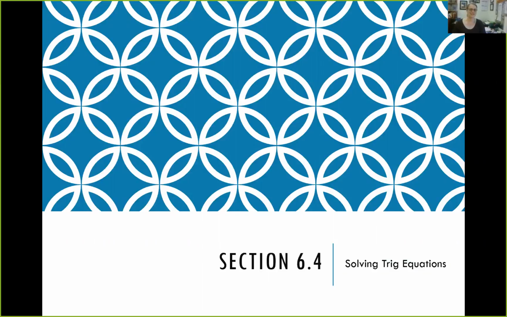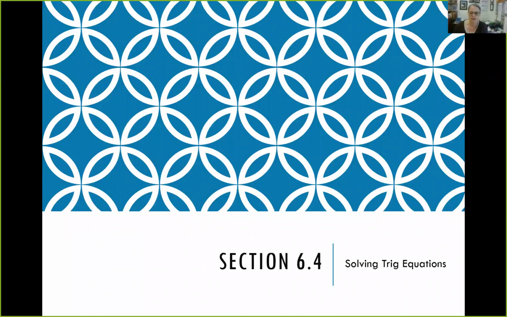Today, we're going to talk about section 6.4, which is solving trigonometric functions. Now, we've kind of been doing this. If you remember a little bit ago, we answered the question, how many minutes would a rider on the London Eye be above 100 meters? But we didn't actually solve the trigonometric function, did we?